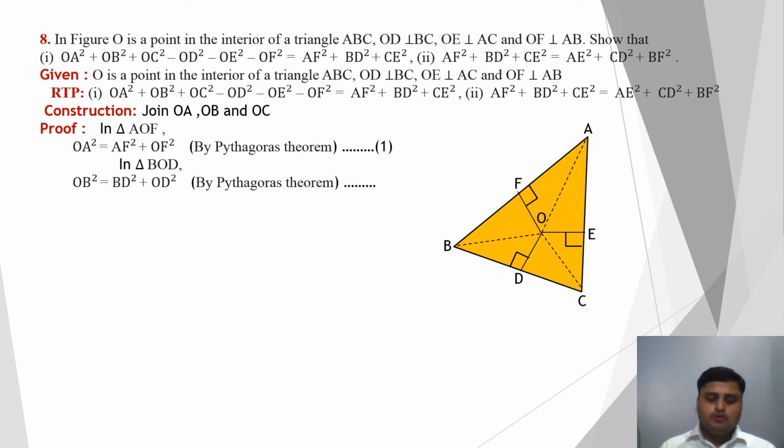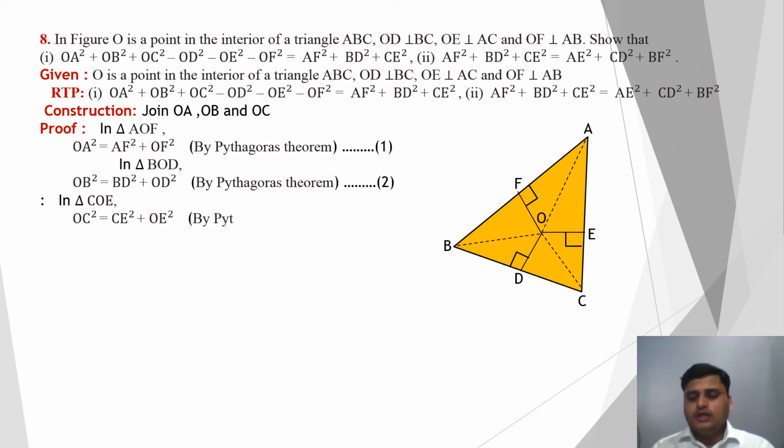After this, we take another triangle, triangle COE, and we follow the same thing, that is OC square is equal to CE square plus OE square, by Pythagoras theorem, and assume this one as equation number 3.